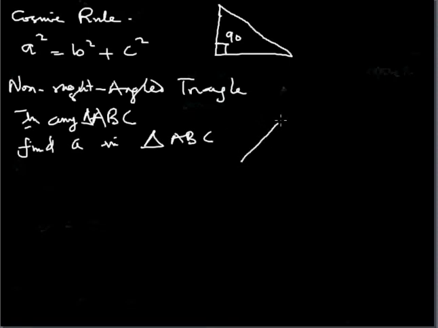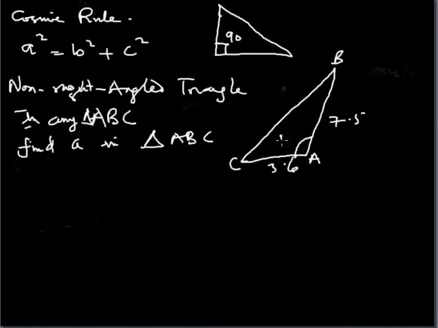Can you see this is more than 90? So it's not a right angle triangle. We have this side as 7.5, this as 3.6, and this angle as 105 degrees, and we have this side as a.